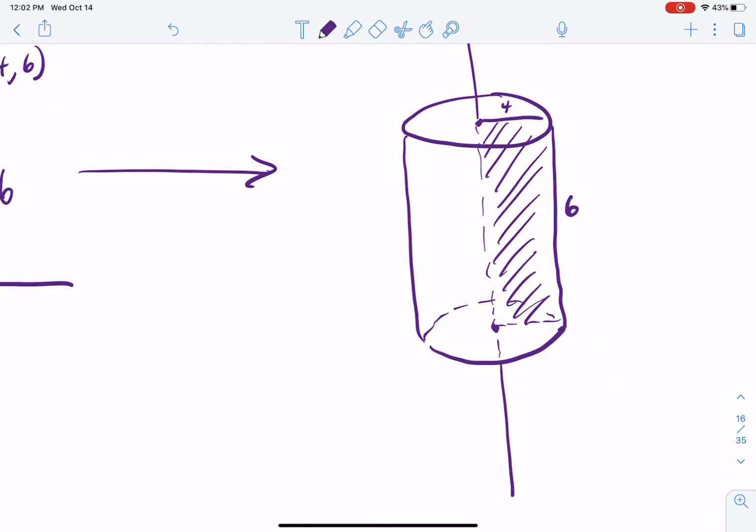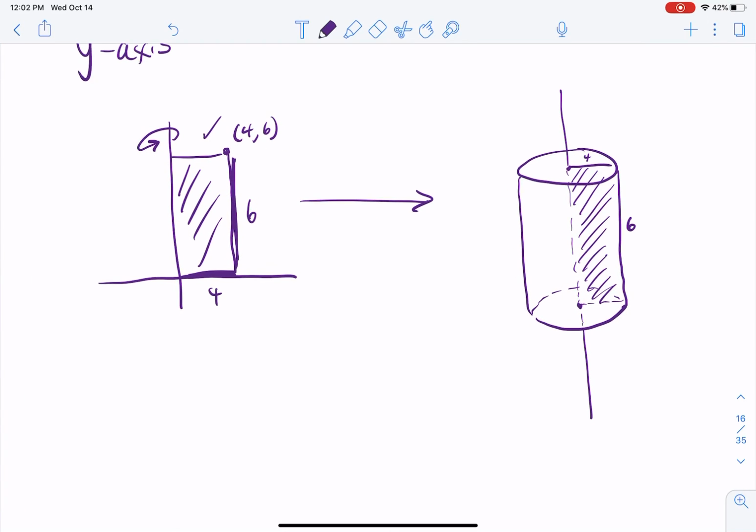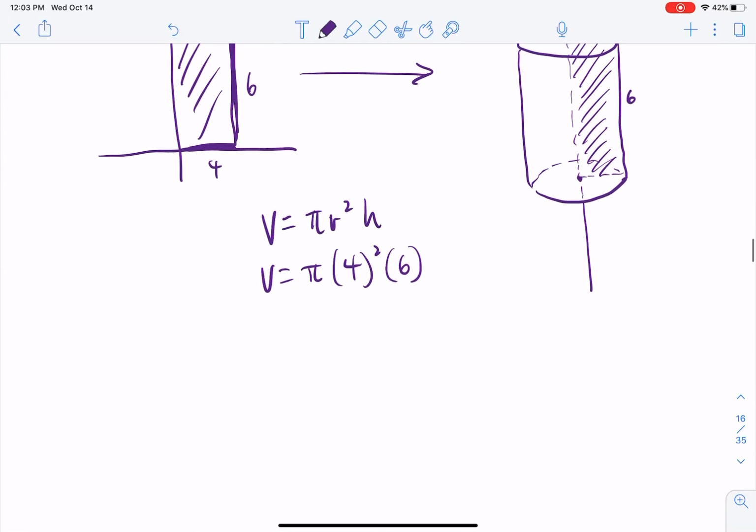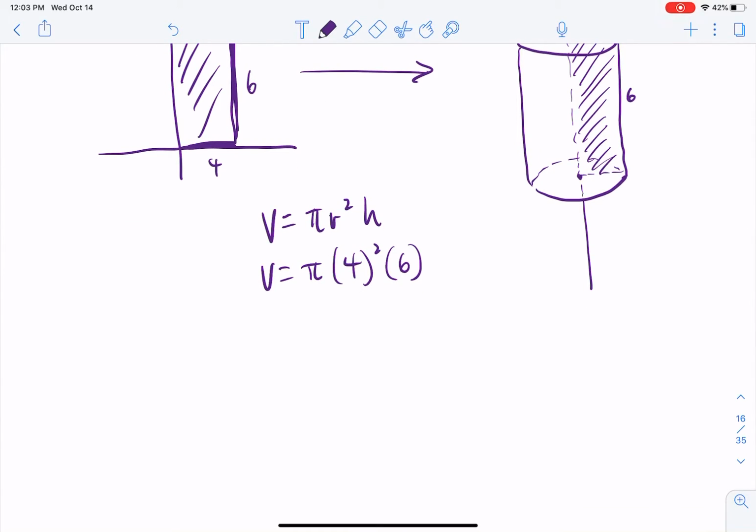Is that enough information to find the volume? It should be, because the volume of a cylinder is pi r squared h. We just need a radius and a height, and that's it. Volume is equal to pi times my radius, which is 4 squared, times my height of 6. 4 squared is 16, and 16 times 6 is 96.